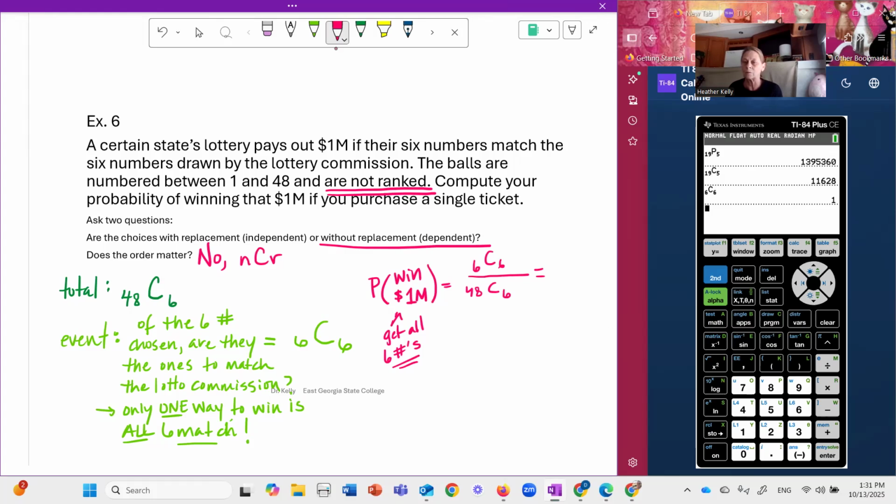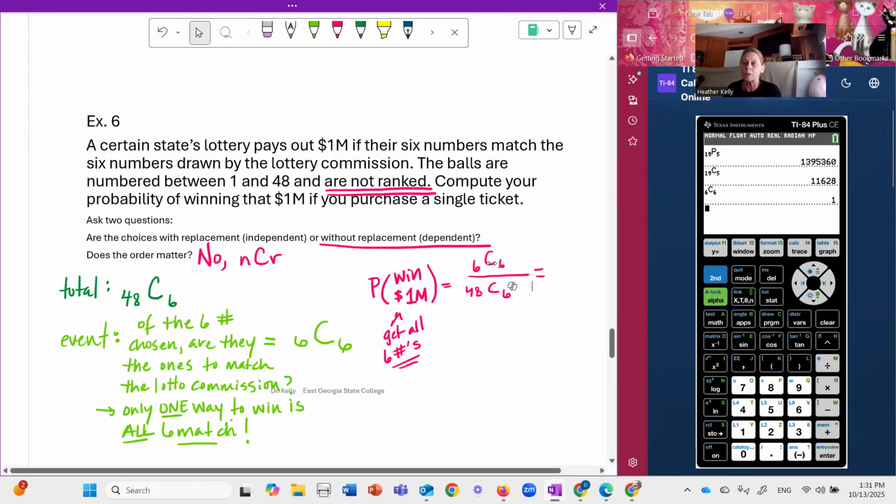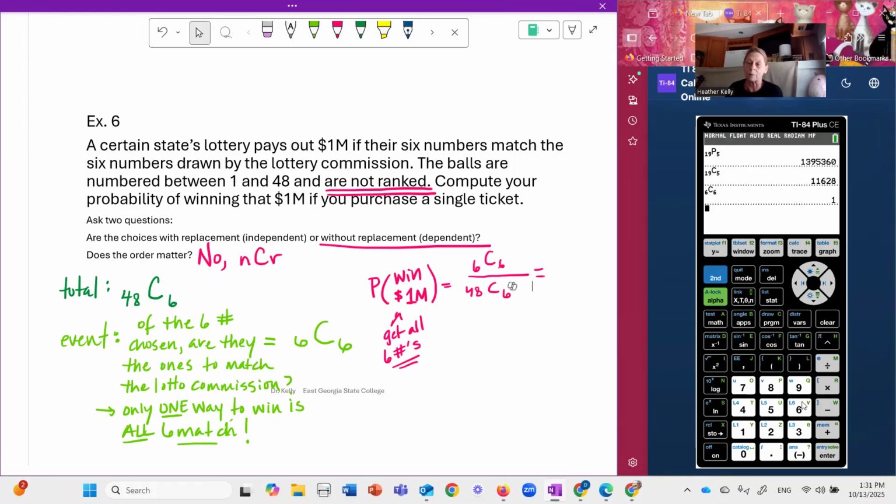Of course, if you knew that combinatorics with the same number gives you an answer of 1, then congratulations, that's great. But I'm going to act like we don't know that. So I'm going to put it in just how I see it here: math, probability, down to choose, and enter the 6. Here you have to be careful, because if you keep on typing, you'll be down in this subscript. You have to come over here and get back up.